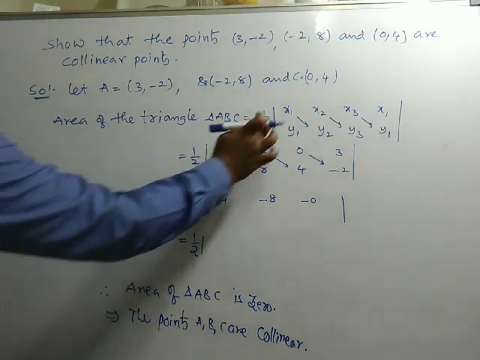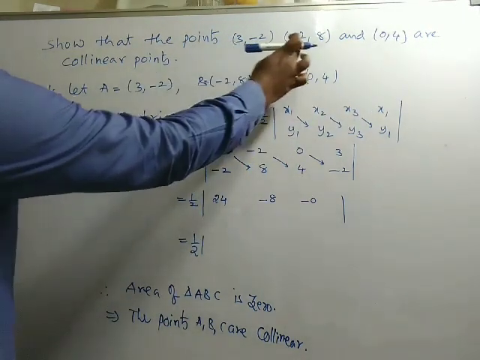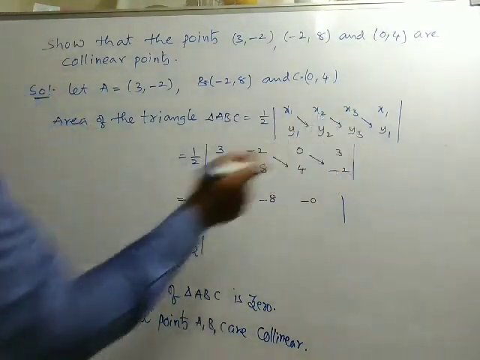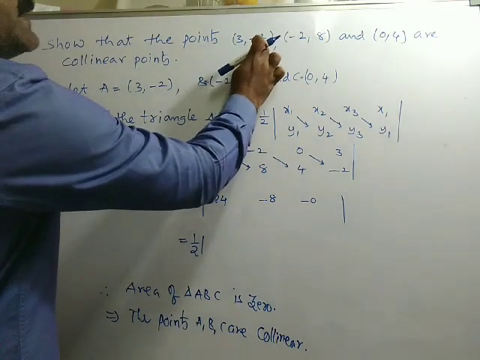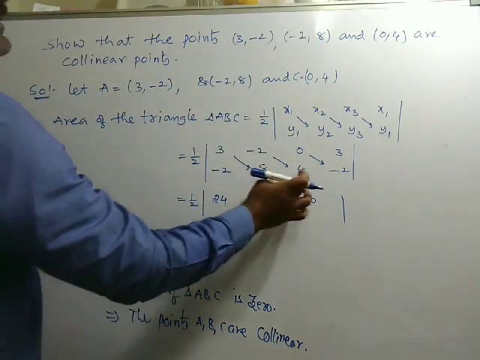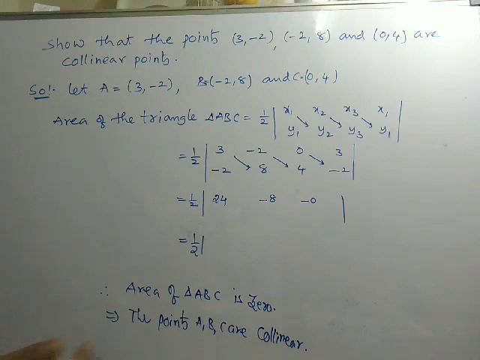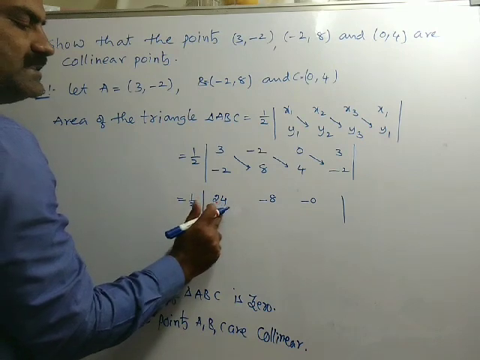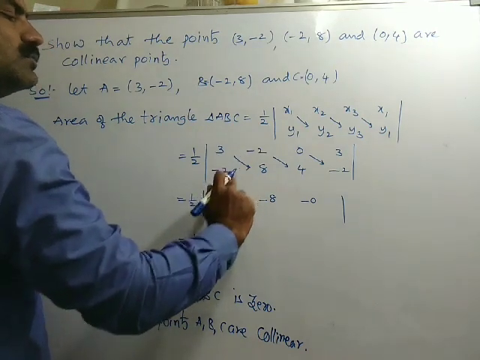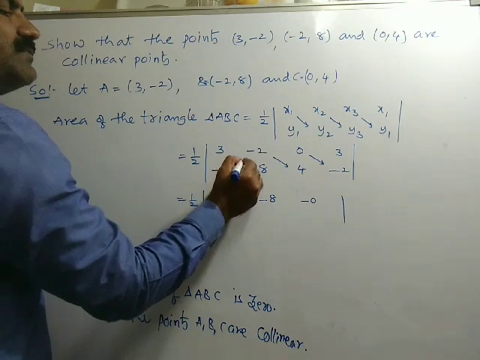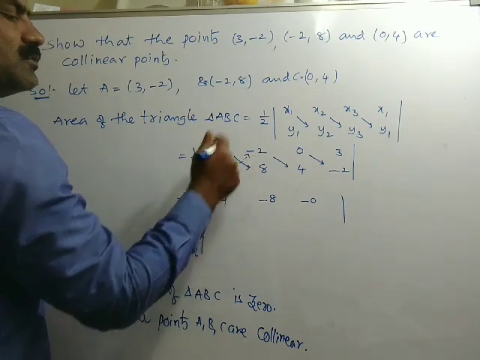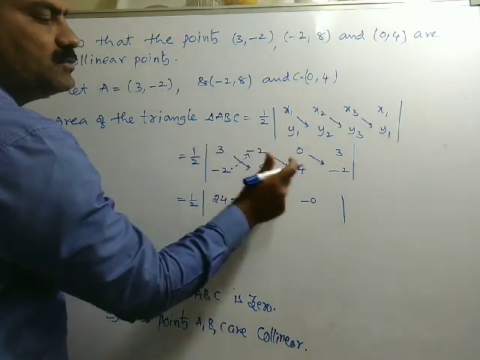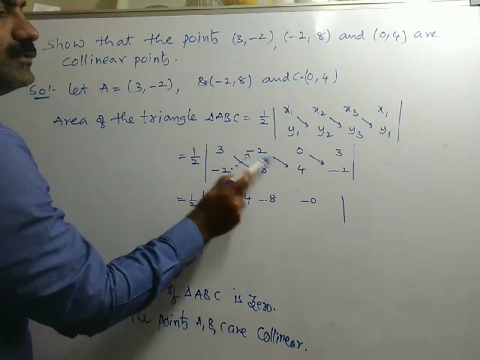Half modulus of, substitute these values. x1, x2, x3: 3, -2, 0, followed by 3 once again. Similarly, y coordinates: -2, 8, 4 and -2. Now multiplication: 3 into 8 is plus 24 as it is, and -2 into -2 is actually plus 4, but in this direction we need to take minus, so -4. Coming to this direction as it is, -2 into 4 is -8.